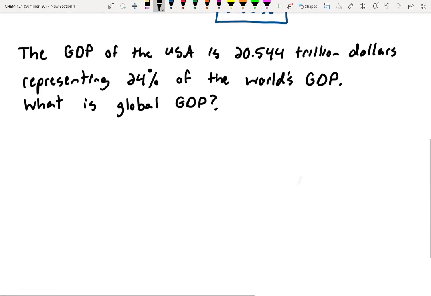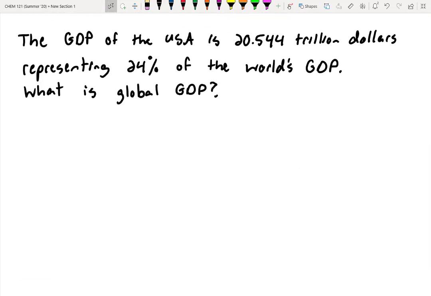Okay, so let's try to work this out. We're going to start out with what we know. In this case, we know the GDP of the United States is 20.544. Let's try to plug this into our percentage calculation. We said that percentages can be found by taking the part divided by the whole times 100. So let's plug in what we know. The percentage in this case is going to be 24%.